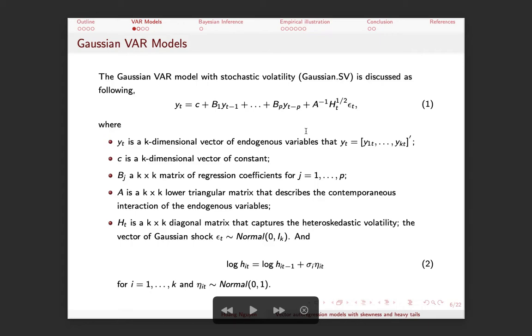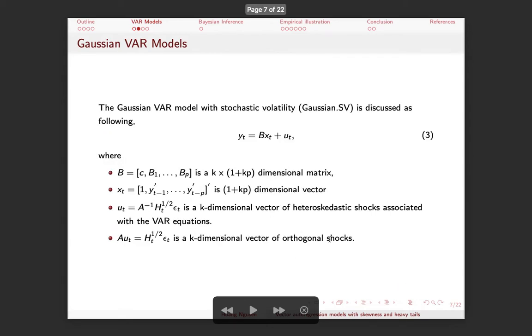And then we assume that the process of Ht is a random walk as a standard assumption in the literature.